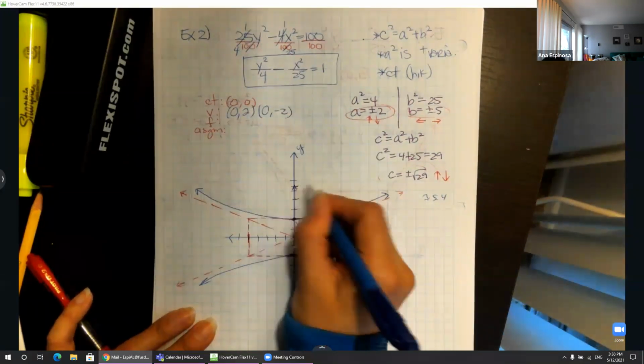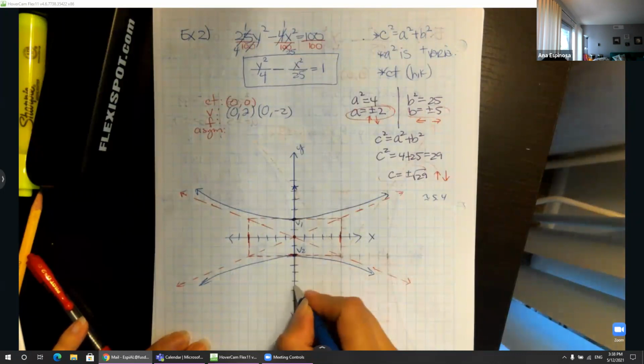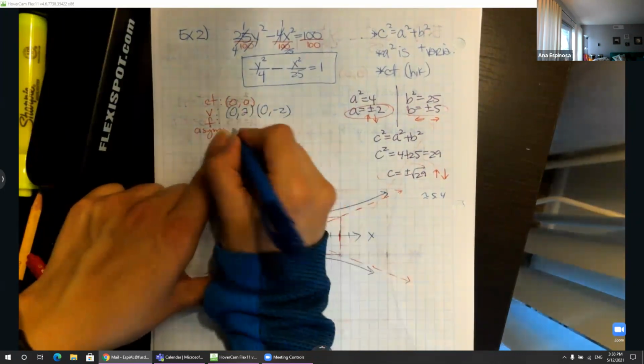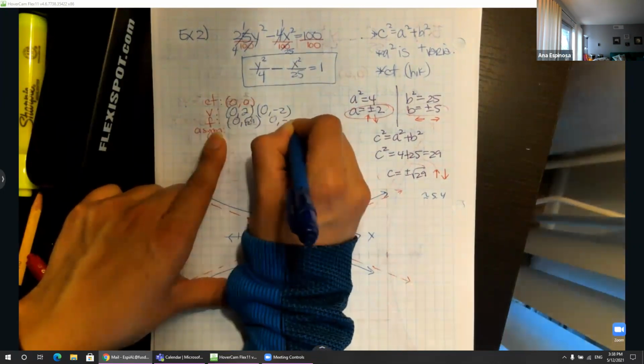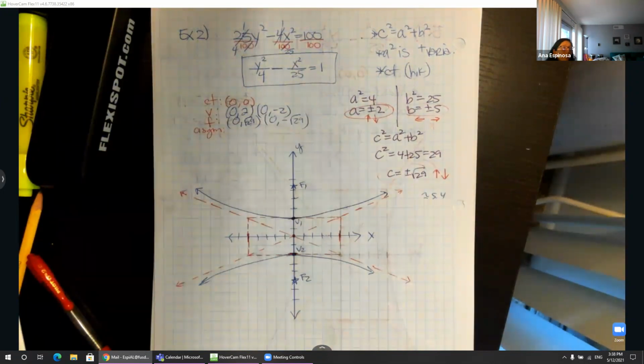I don't know if you've noticed, but the wider the parabola is, the higher the focus is. F1, F2, so it'll be 0, square root 29, 0, negative square root 29. Boom, we're done.